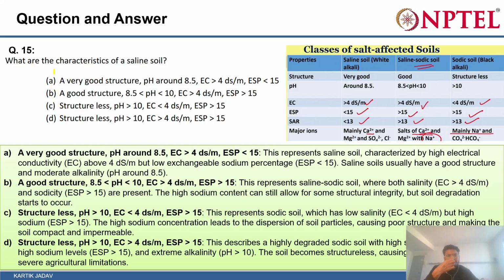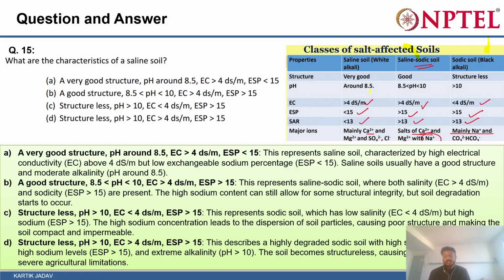Then, what are the characteristics of saline soil? We know that these are the classifications of saline, saline sodic, and sodic soil. In saline soil, the electrical conductivity, the overall salt amount, is higher, right?